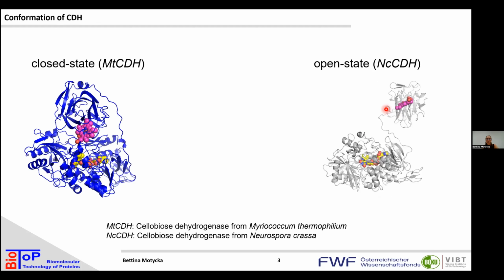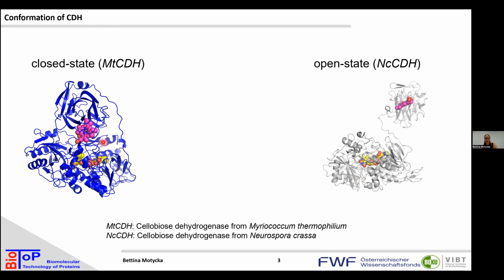The 2 approaches they crystallized were from 2 different cellobiose dehydrogenases. One was the cellobiose dehydrogenase from Myriococcum thermophilum, shown here in blue, and the other one from Neurospora crassa, shown here. As it stands out already, you see 2 different conformations.